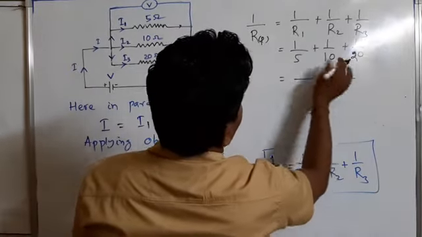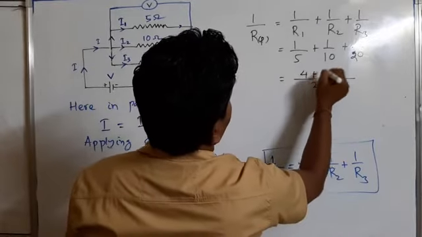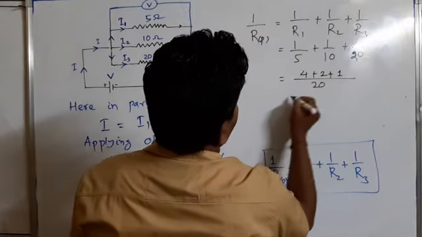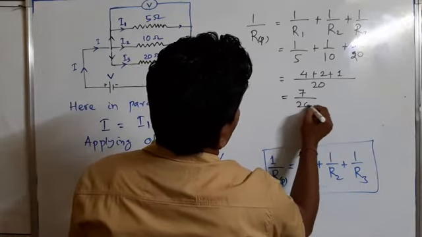Then you take the LCM. It will be 4 plus 2 plus 1 equal to 7 by 20.